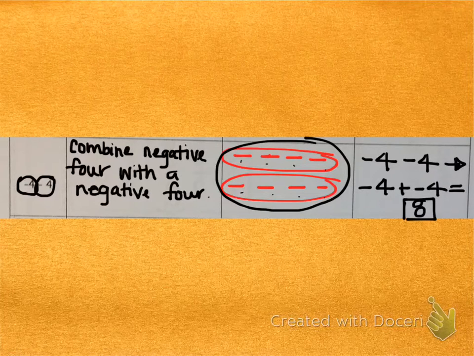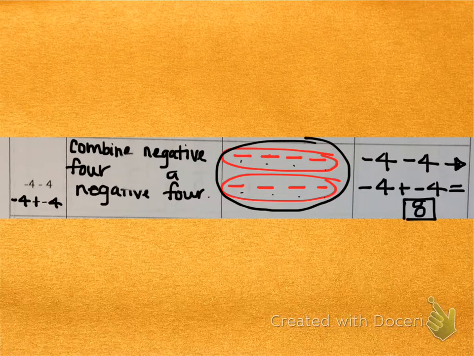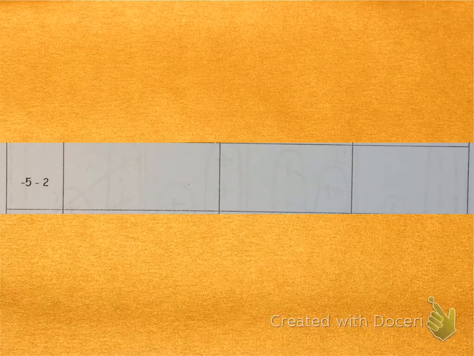So if we come back over here, when we saw negative 4 with the negative 4, we can change that math to negative 4 and negative 4. So that means instead of the with here, we have an and. So we combined a negative 4 and a negative 4. Let's look at that again.